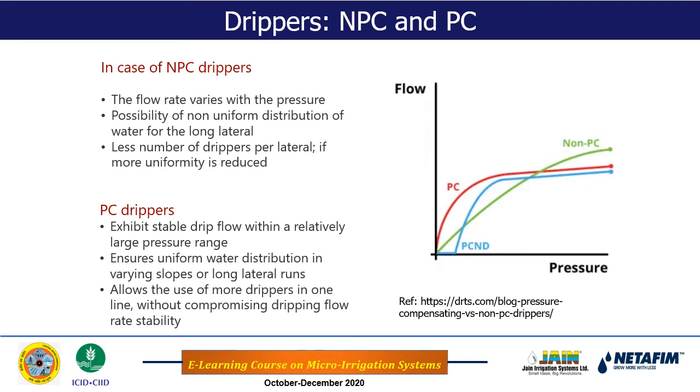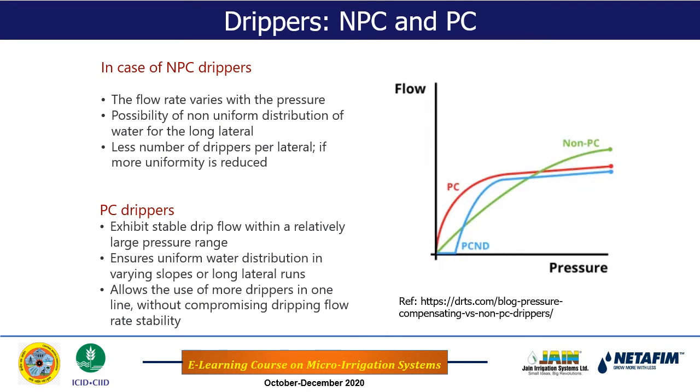If we maintain the pressure of 1 kg at the head, or 10 meter, then we may get the rated discharge of 4 liter per hour. But if we go towards the tail, and the pressure is reduced to say 6 meter or 0.6 kg per centimeter square, then instead of 4 liter per hour, we may get 2 liter per hour. Okay, so this is the characteristic of the non-pressure compensating type of emitter.